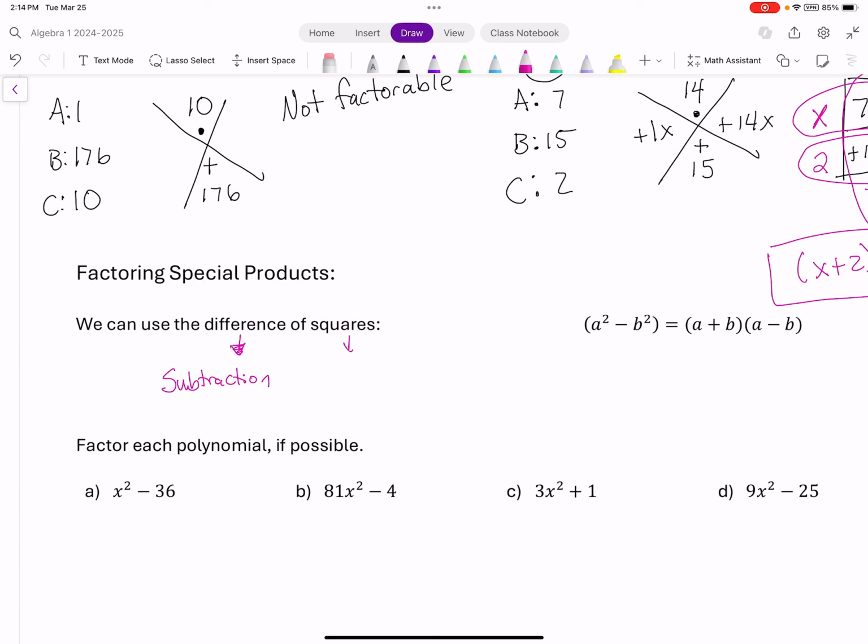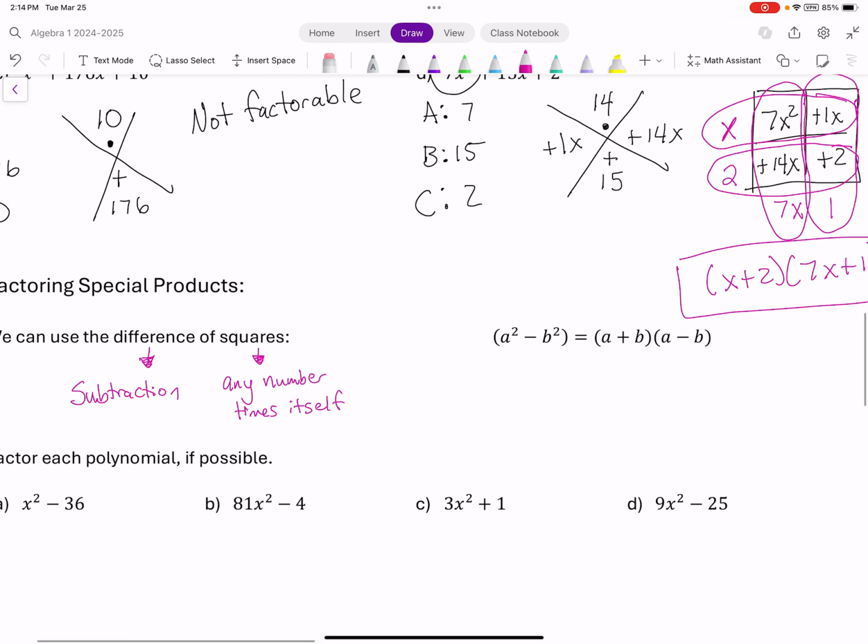And squares is any number times itself. Okay, we want a number times itself. And so we have this format that a squared minus b squared has to equal a plus b times a minus b.